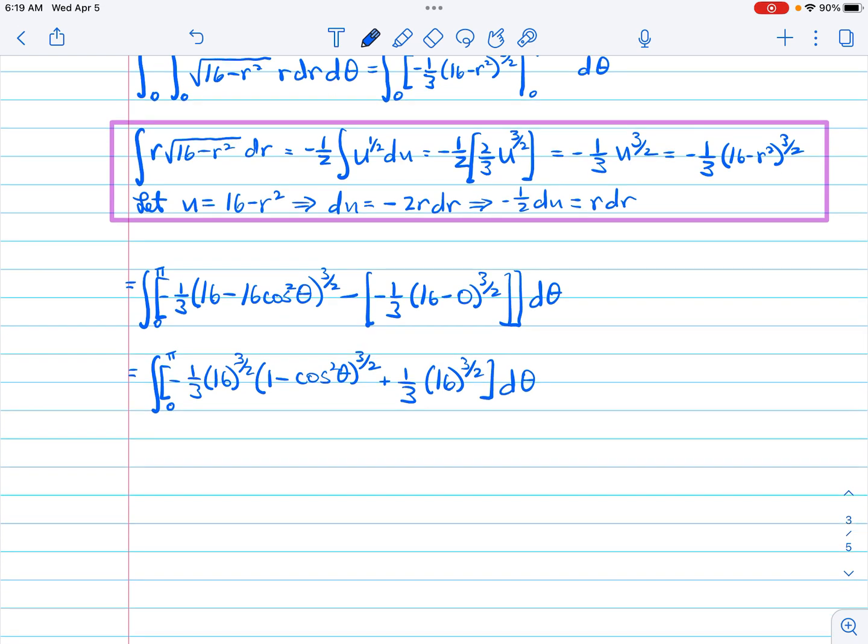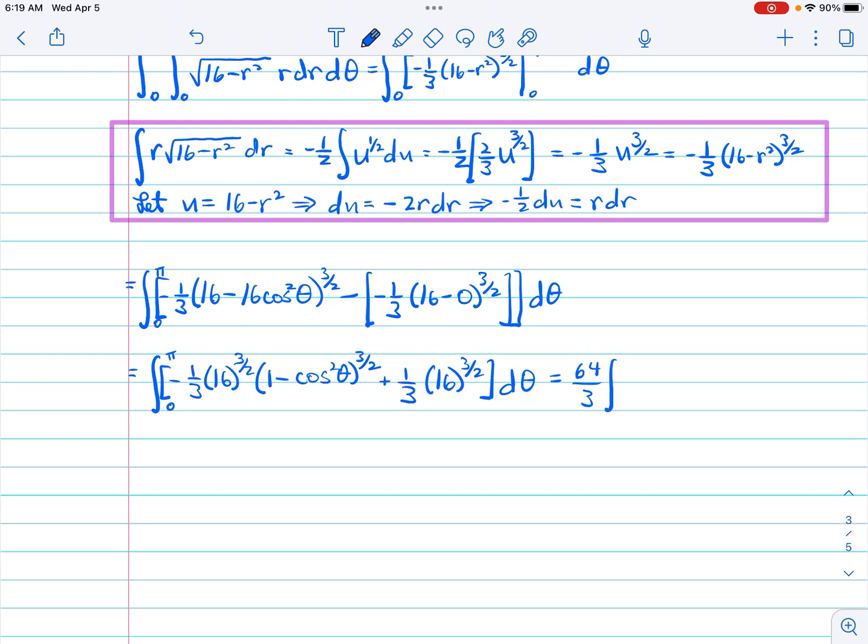Now what I can do is factor out. You realize that 16 to the 3 halves is 64, because the square root of 16 is 4 and 4 cubed is 64. So let me factor out the 64 over 3.